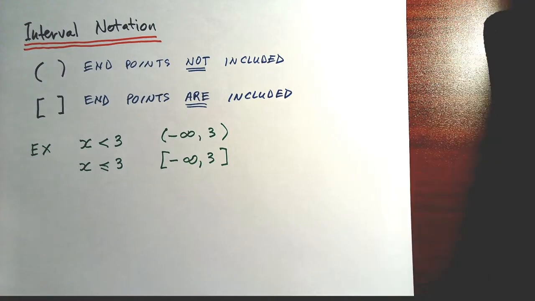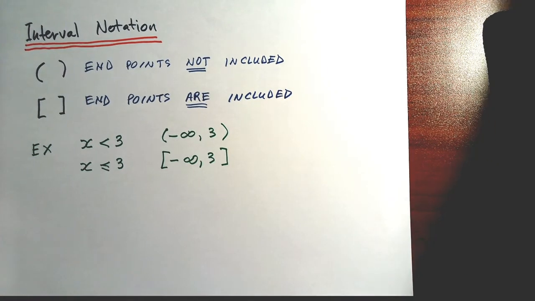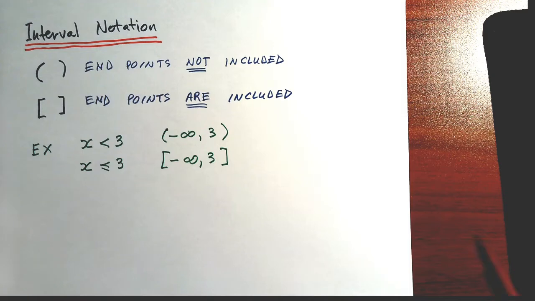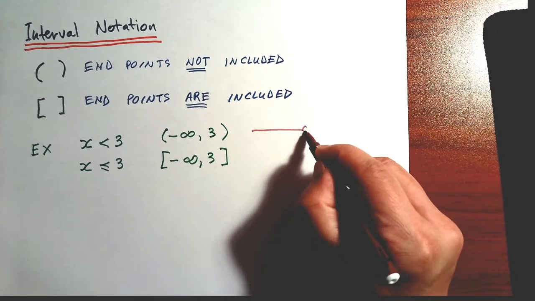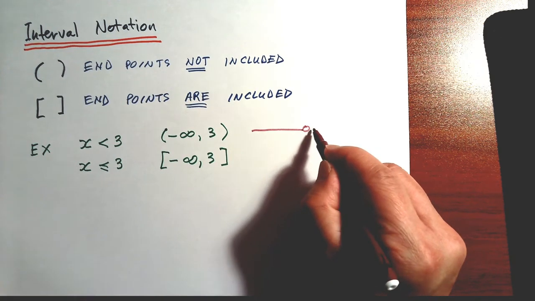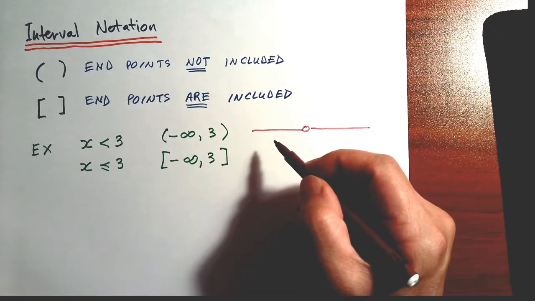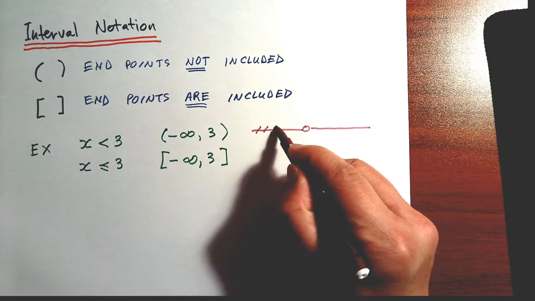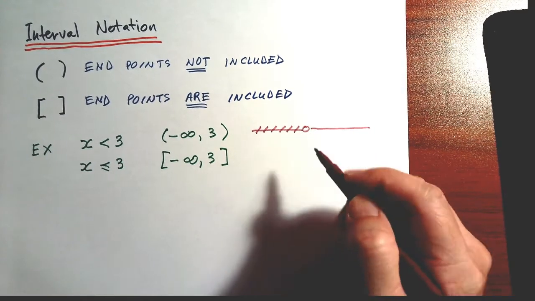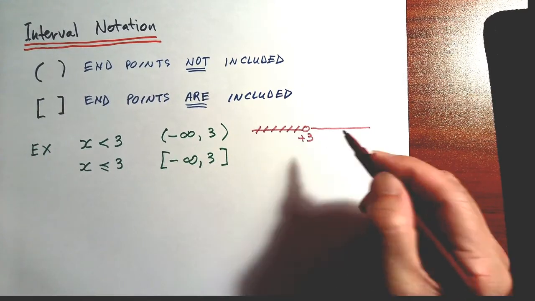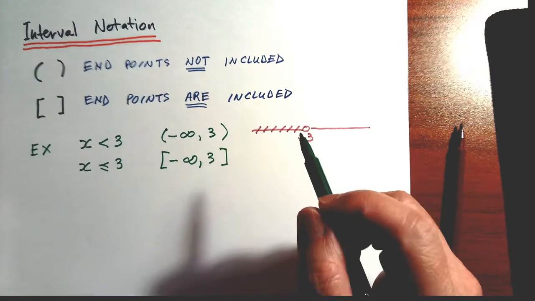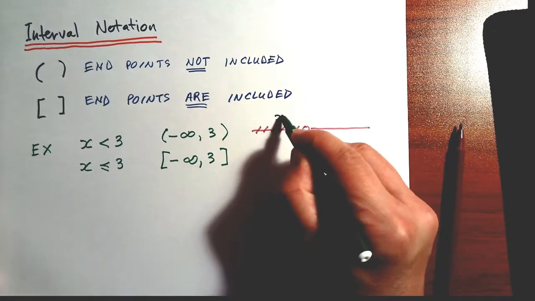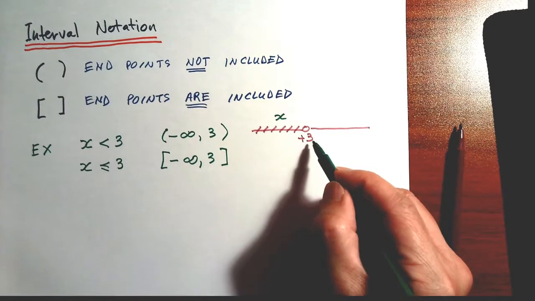Another way to look at it is to draw a number line and label x to be in this space, and this is plus 3, and x would be here, excluding 3.